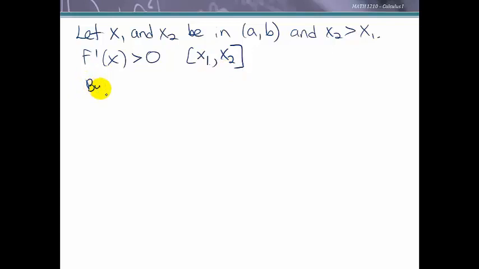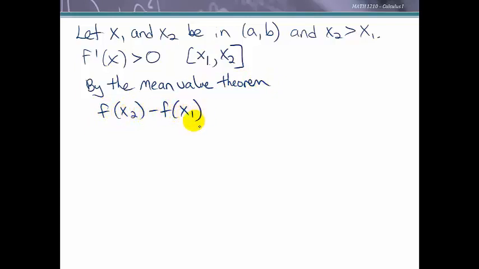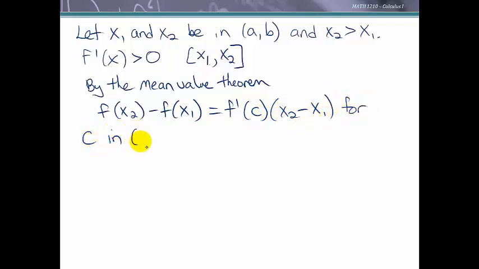So by the mean value theorem, we know that f of x2 minus f of x1 equals the derivative at c times x2 minus x1, for c in that interval.